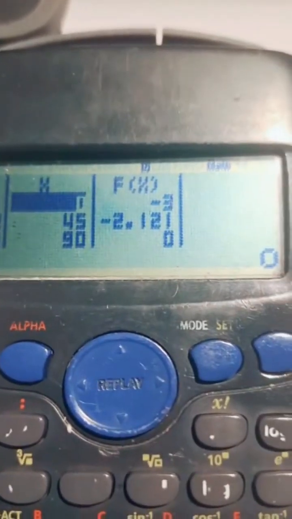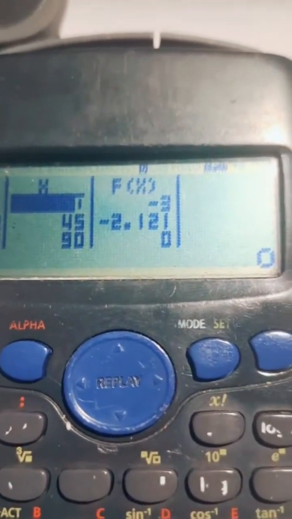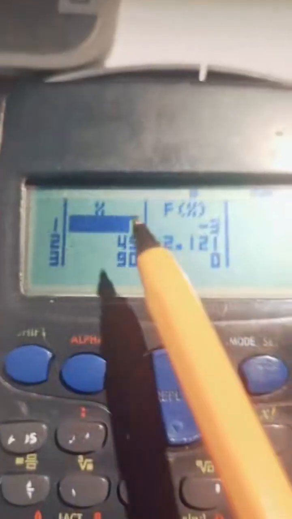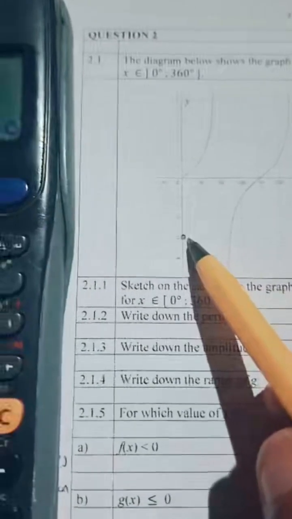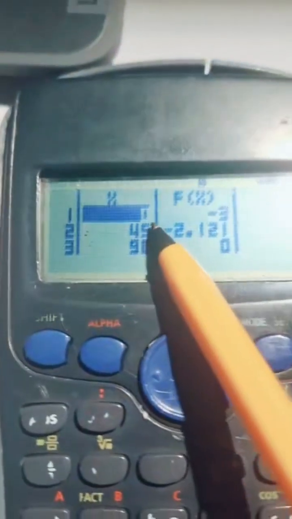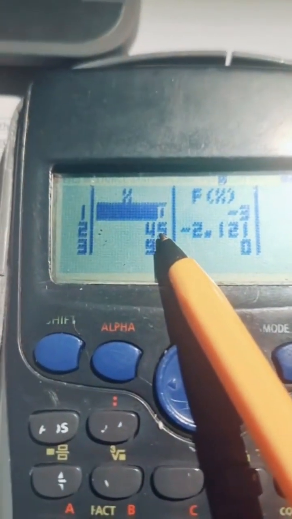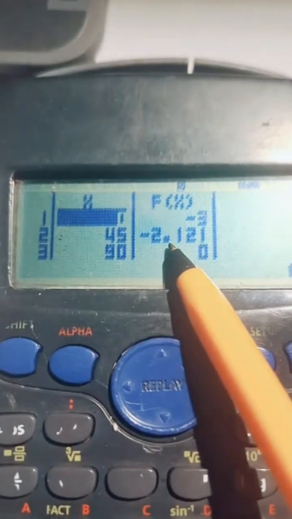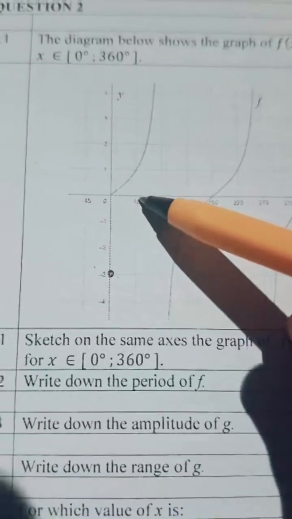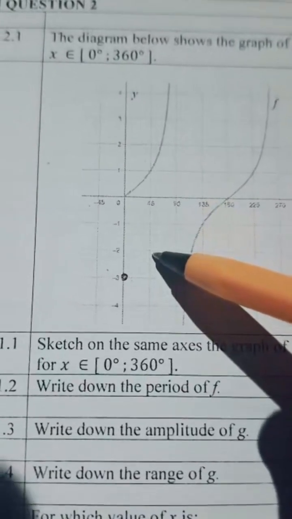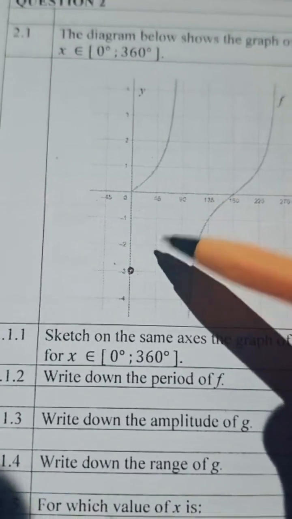So I'm going to mark all of these points on my graph. Let's go. When x is 0, y is negative 3. So that's where my function is going to start. Then when x is 45, y is negative 2,121. Now guys, I'm going to do an estimate here. When x is 45, y is negative 2,121.